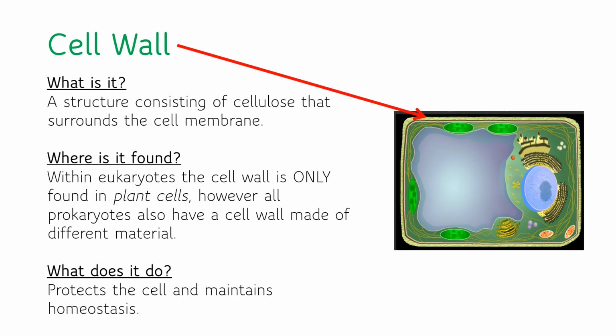They help protect the cell and maintain homeostasis. They give plant cells a very rigid, hard structure. So all plant cells look very rectangular, whereas animal cells will look a little bit more round, a little bit irregular, whereas plant cells have this very uniform rectangular structure, which is because of the cell wall.